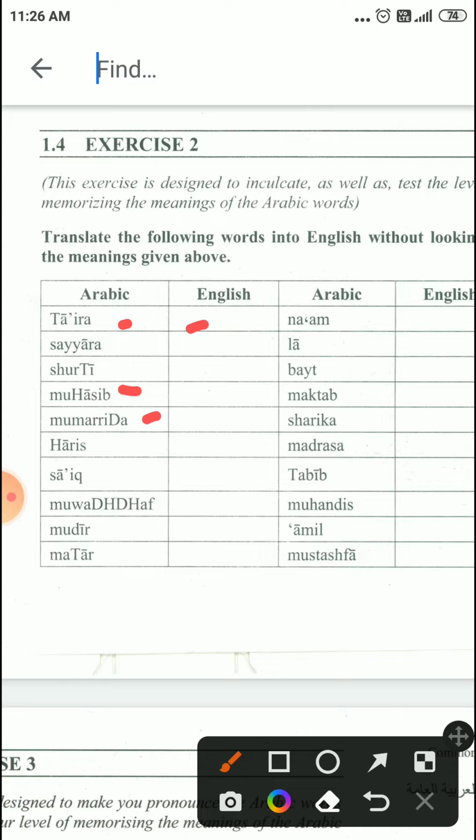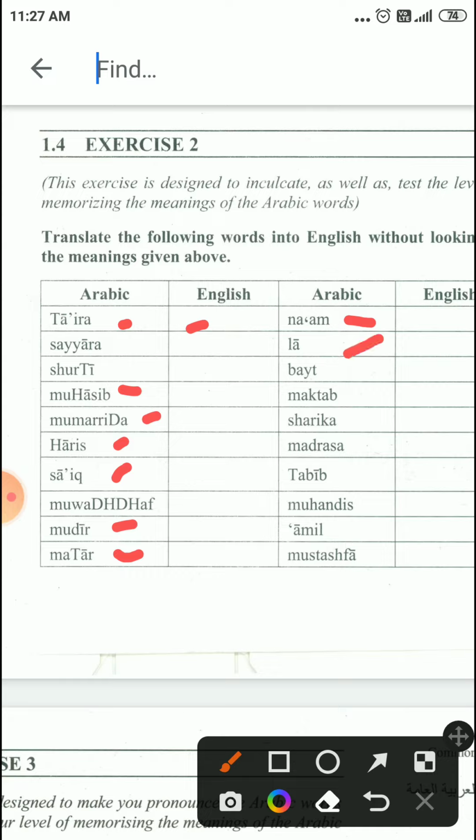Mumarrida, nurse. Haris, watchman. Sa'iq, driver. Muwaddaf means staff. Mudir means manager. Matar means airport. After this is Naam, which means yes.